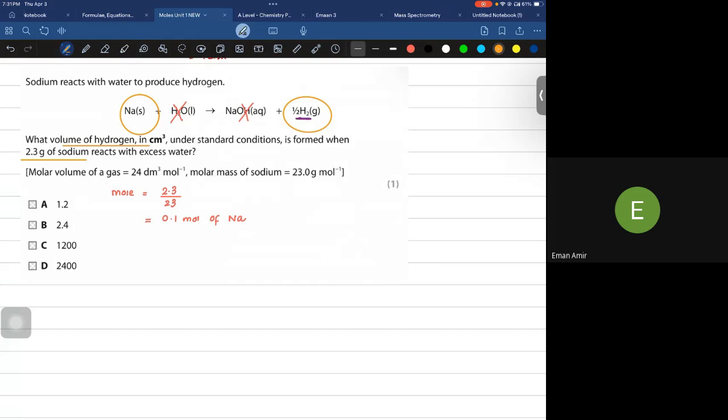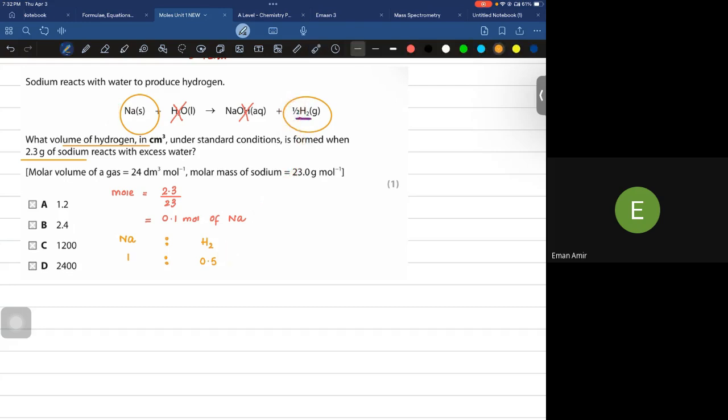Then we have to calculate the moles of hydrogen. So of course we have to apply the mole ratio. Since the mole ratio between sodium and hydrogen is 1 to half, or 0.5, according to the equation, the coefficient is 1 and the coefficient is half, or I can say 0.5.